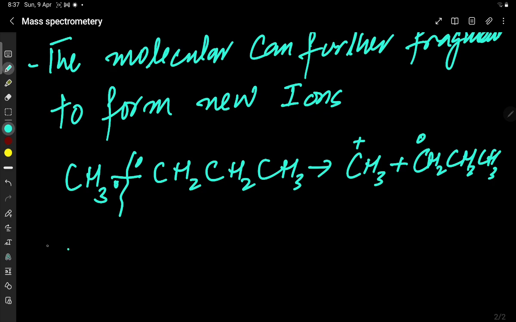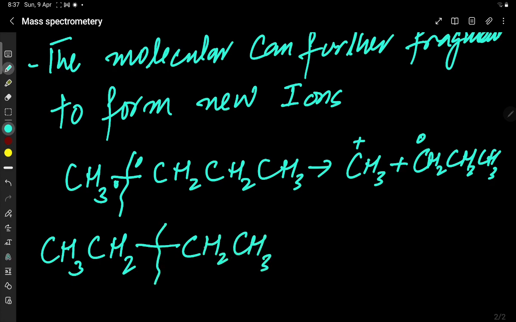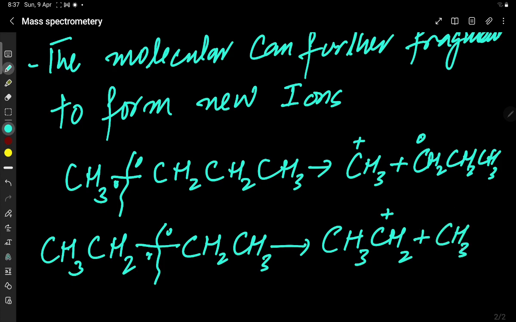There is another possibility: CH3, CH2 will be the ion and the other CH2, CH3 will be the free radical.